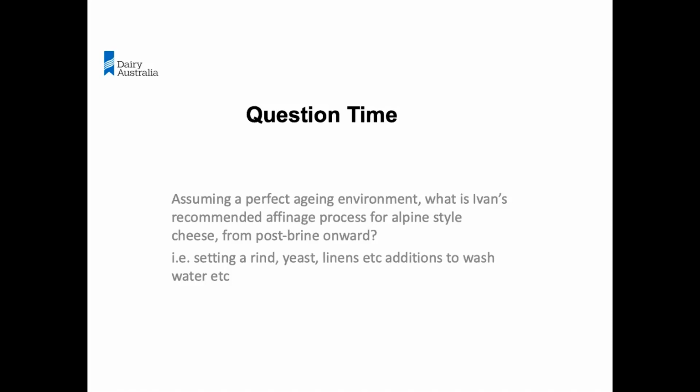So most of them are dead by now. And after 4 months, what you can find alive on the cheese is what you have in your environment, on the salt, on the water, in the cellars, in the cave that you have. So this means that you develop your own flavor profile.